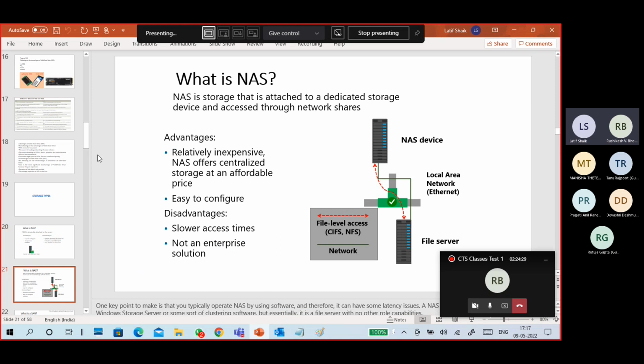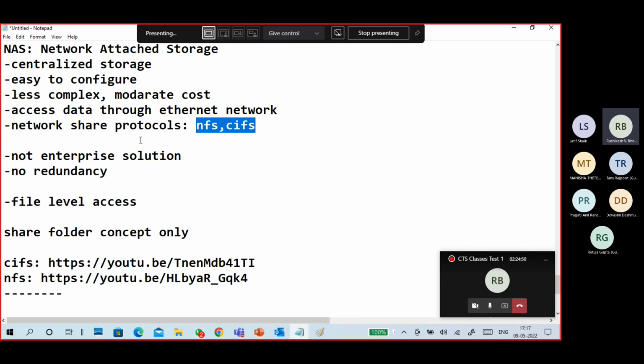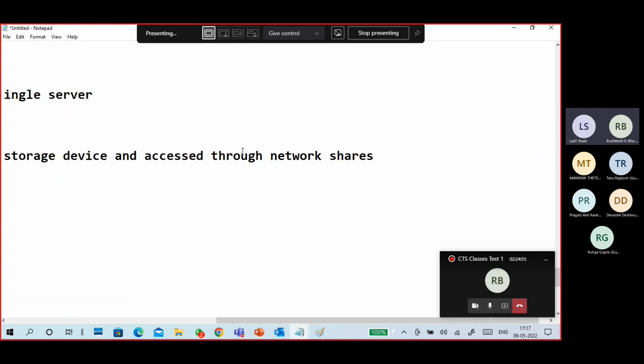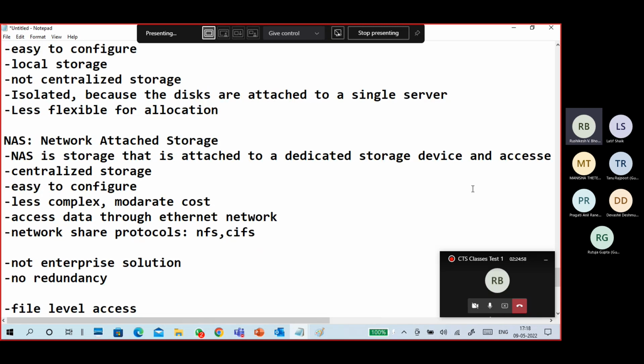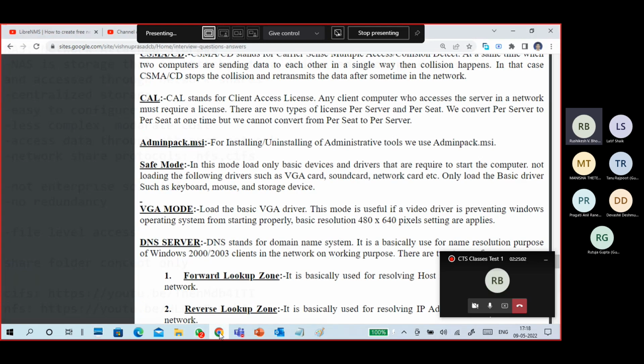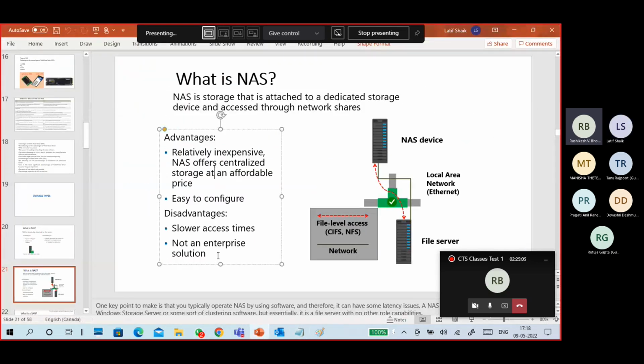Look here: NAS devices, file servers, local area network, LAN storage, CIFS, NFS, a dedicated attached storage accessed through a network share. It is relatively inexpensive.